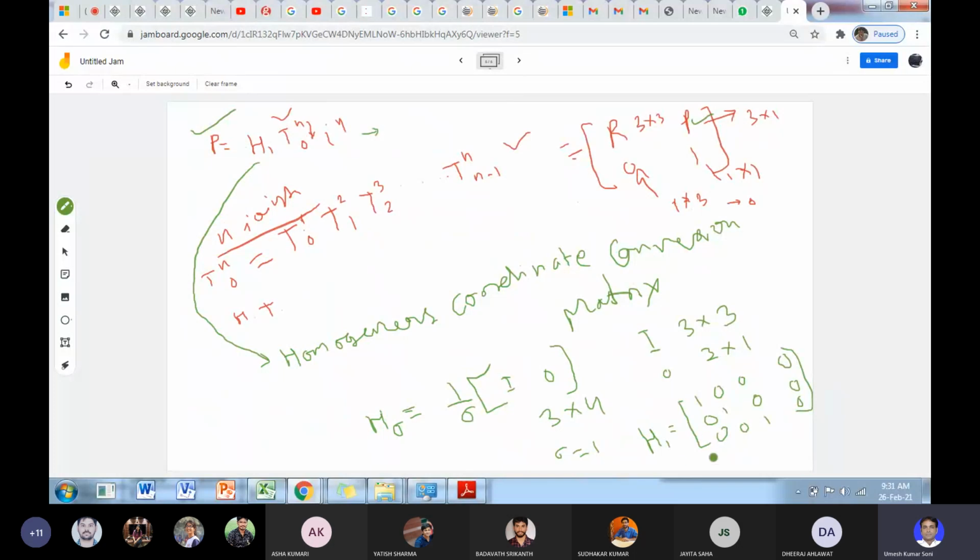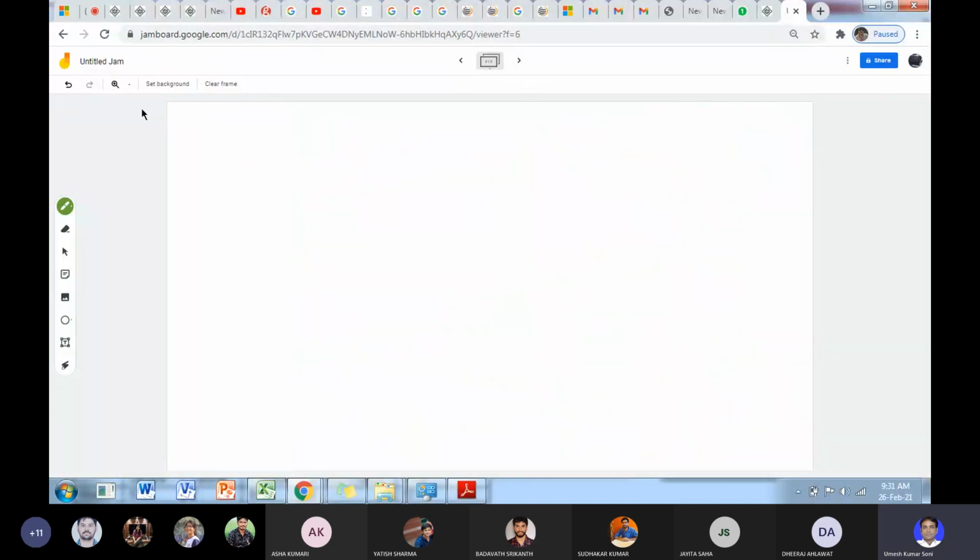So this is completely determined using the H1 T and 0 transformation matrix, and I4 here is the 4x4 identity matrix, the last column of the 4x4 identity matrix.